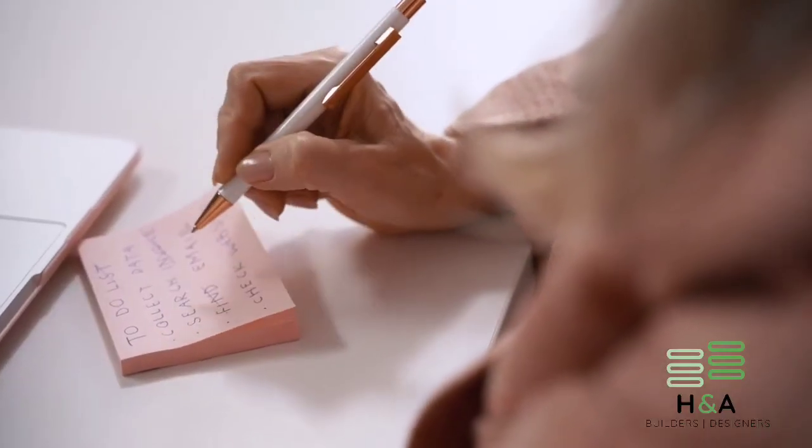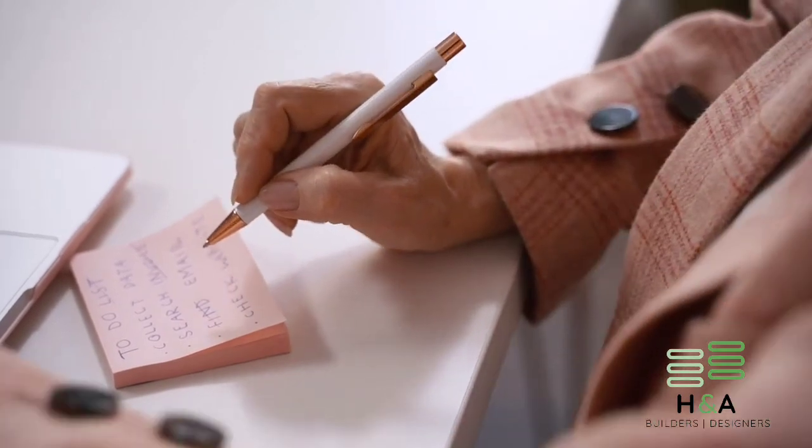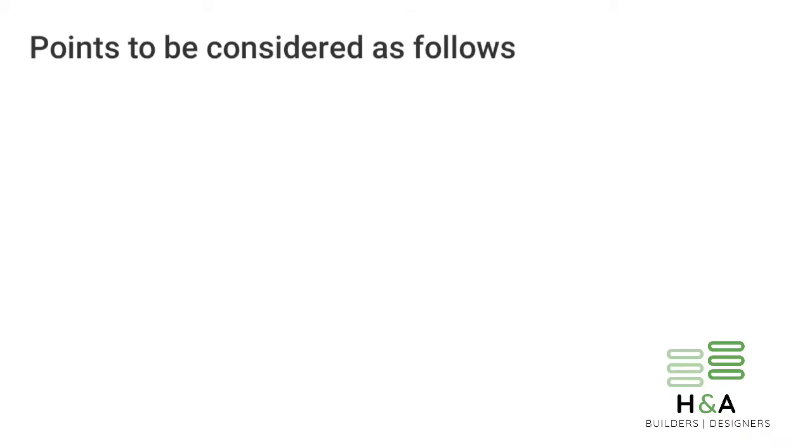And next we can talk about the points to be considered while laying the plinth beam. First point is that the plinth beam should be as per structural design, or else it should be done after consultation with an experienced civil engineer, because if any issues arise in future, we can rectify the roof slab, that is roof beam also, by strengthening or by giving additional support at the middle.